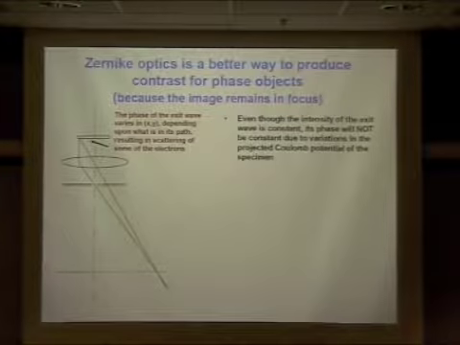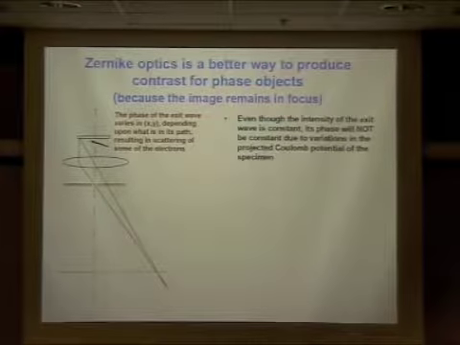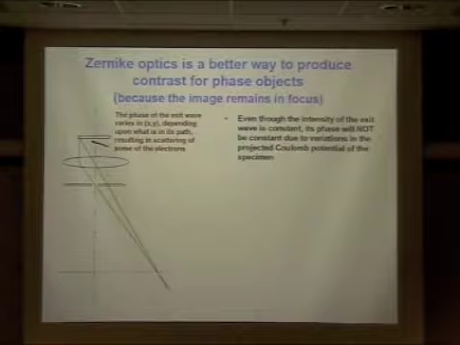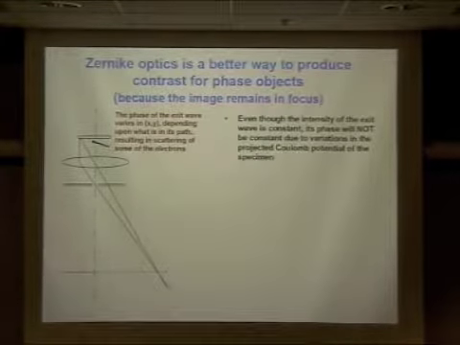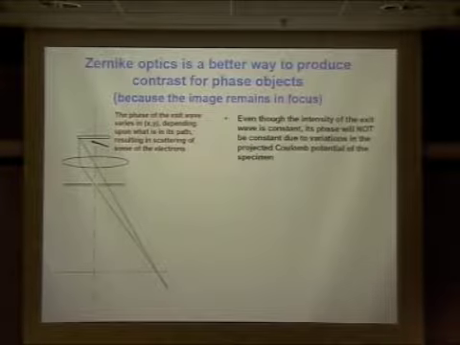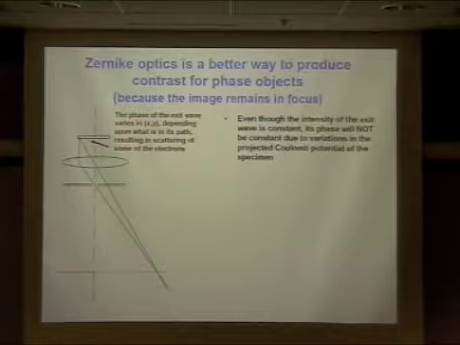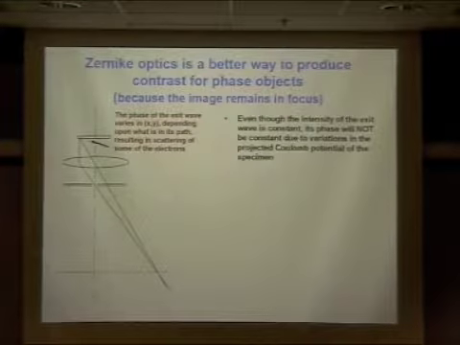Can I just ask, before we move on to this, is there any advantage to developing a CS corrected microscope? From what you're saying, it seems like there isn't any. I don't know of any for phase objects, for weak phase objects.